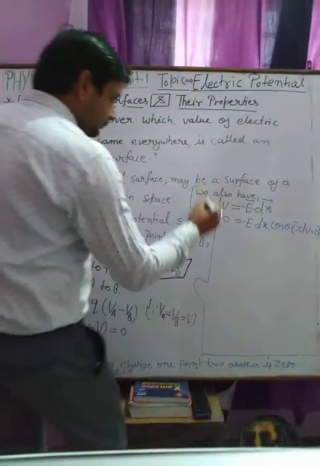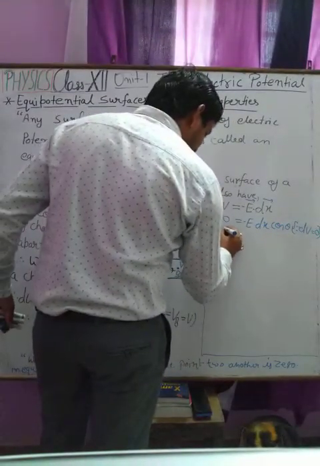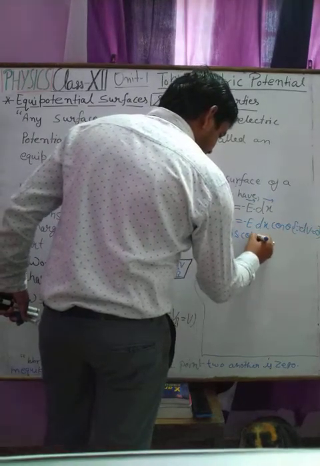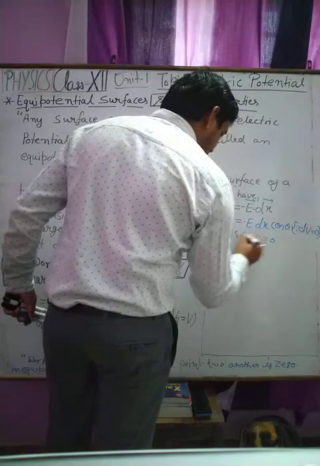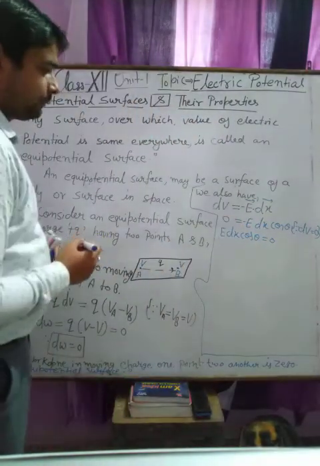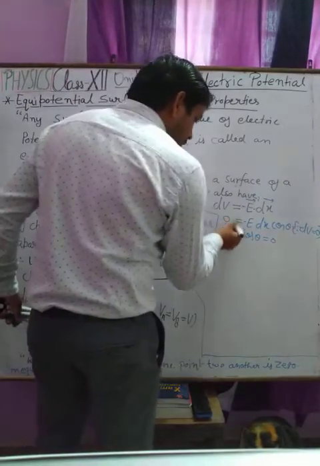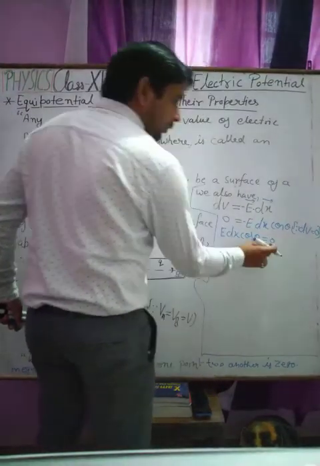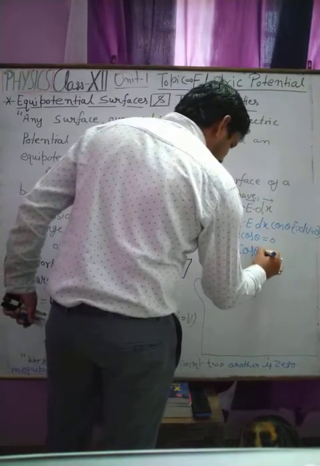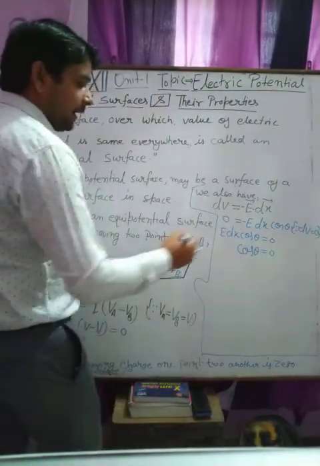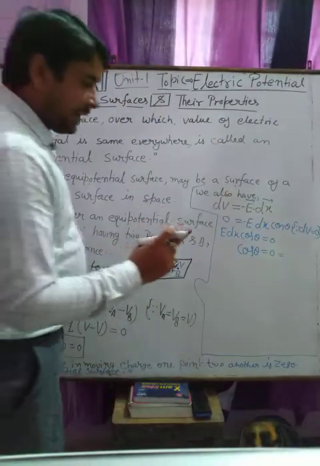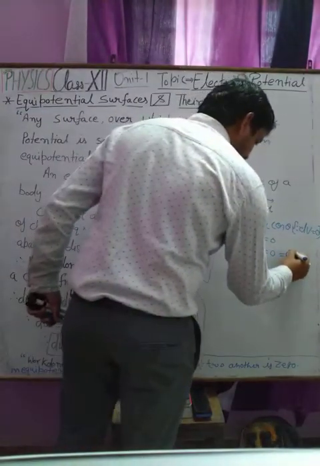Therefore we get E ds cos theta is equal to 0. Okay student, now dividing by these values, we get cos theta is equal to 0. That is, cos theta is 0 at cos 90.